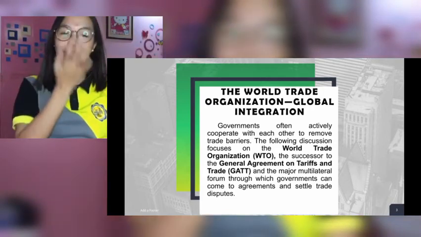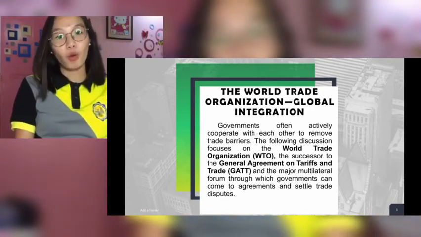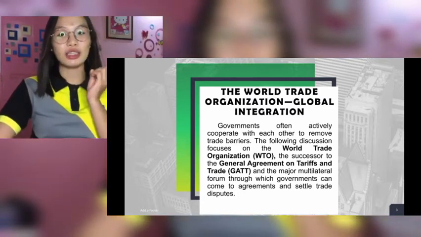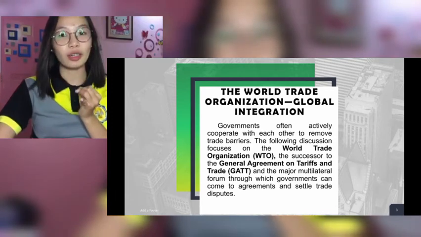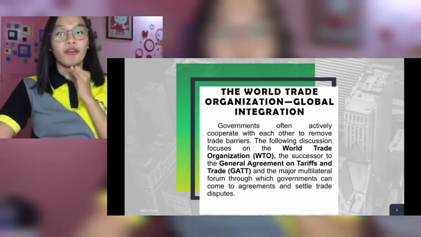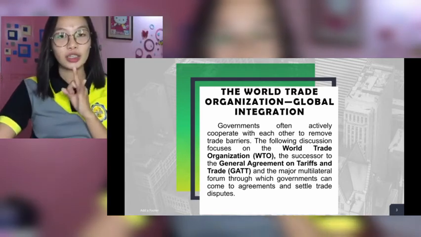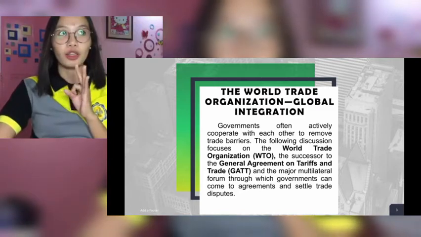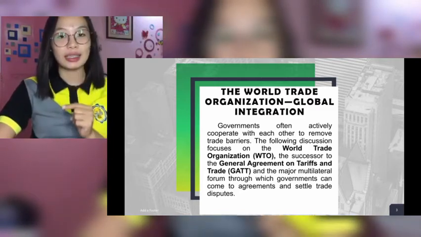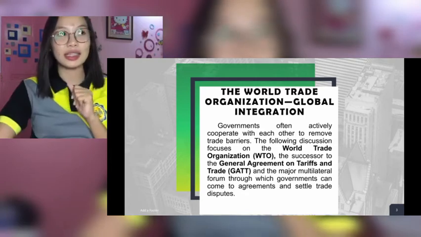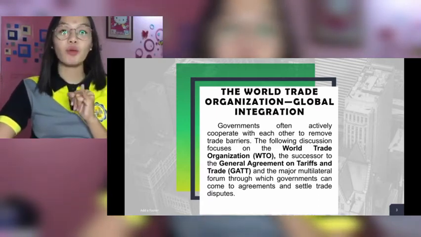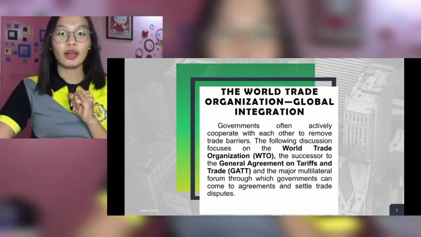The main functions of the WTO, or World Trade Organization, are administering WTO trade agreements, providing a forum for trade negotiations, handling trade disputes, monitoring members' trade policies, providing technical assistance and training to developing and least developed economies, and also cooperating with other international organizations.